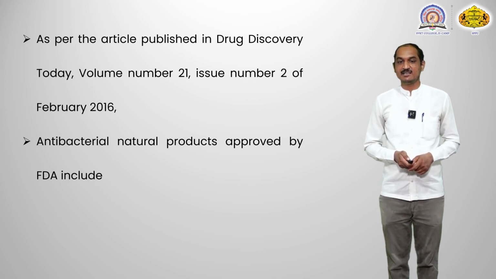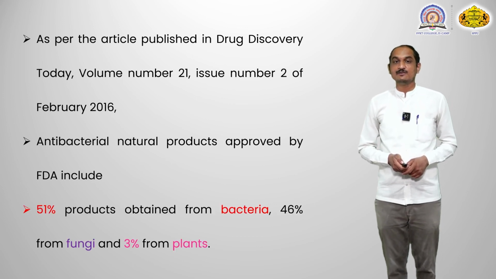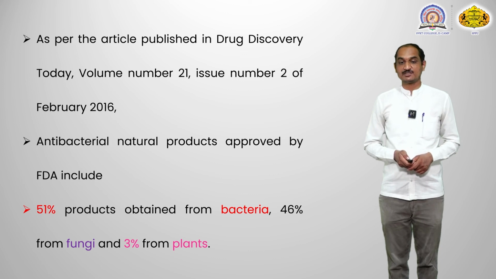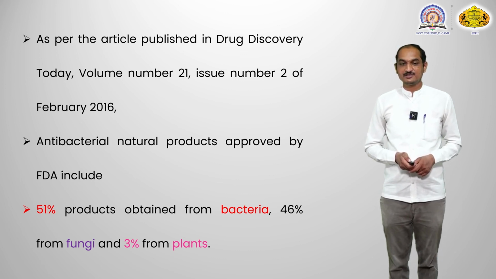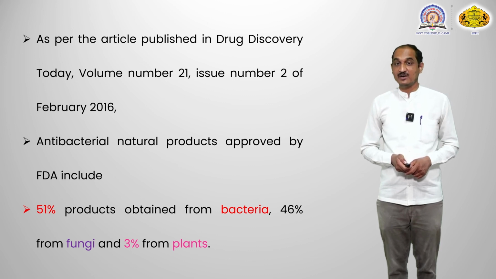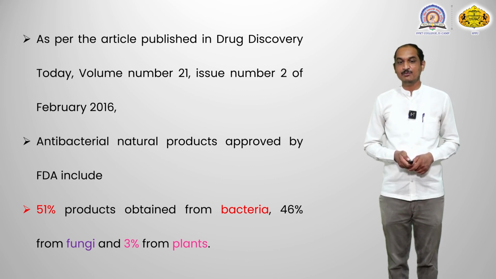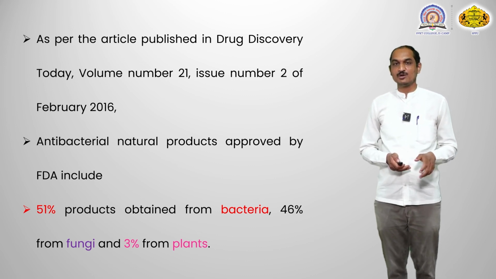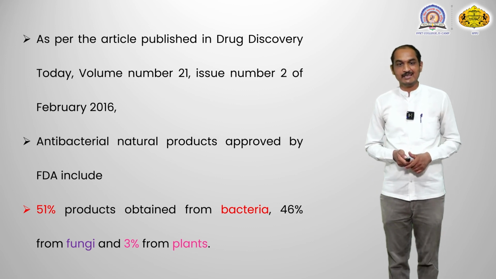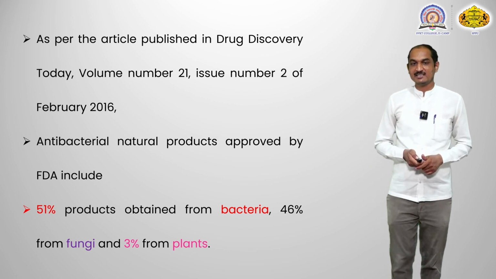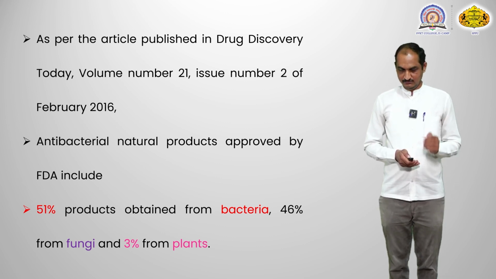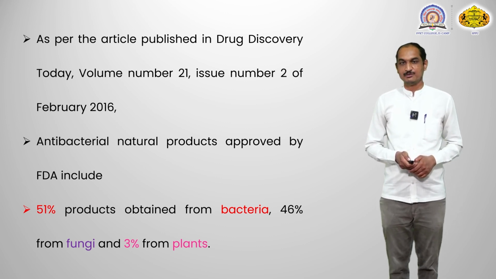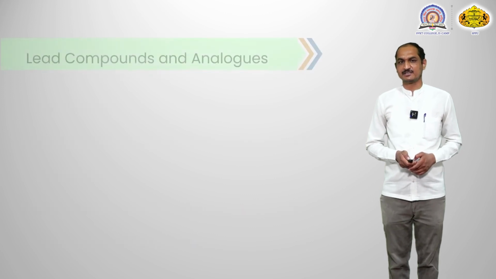Okay, antibacterial natural products approved by the FDA include 51% products obtained from bacteria, 46% from fungi and 3% from plants. This information is collected from the article published in Drug Discovery Today. The volume number and issue number are given here.